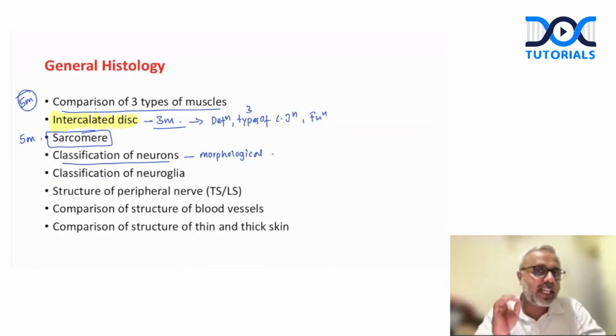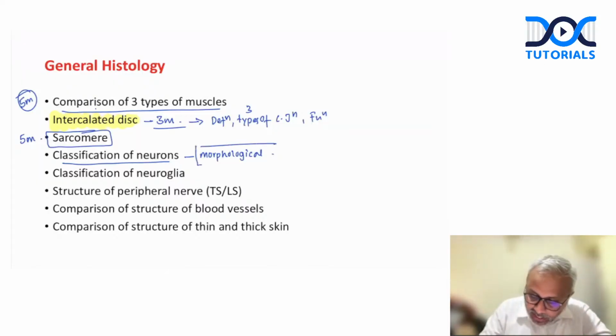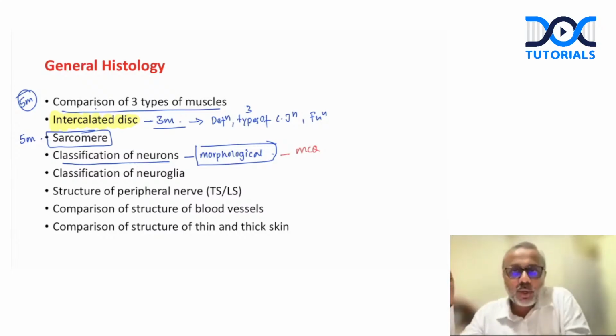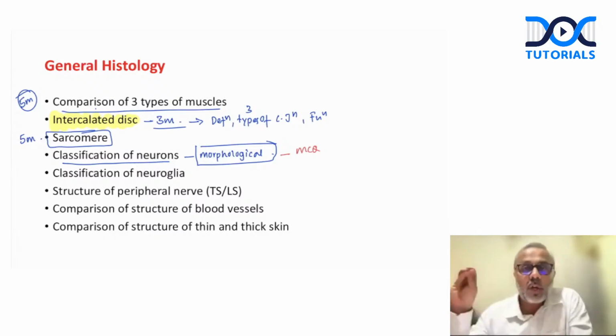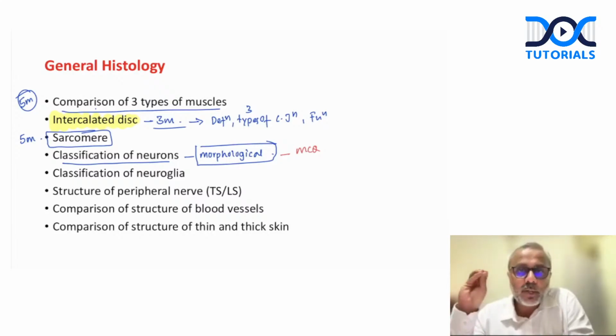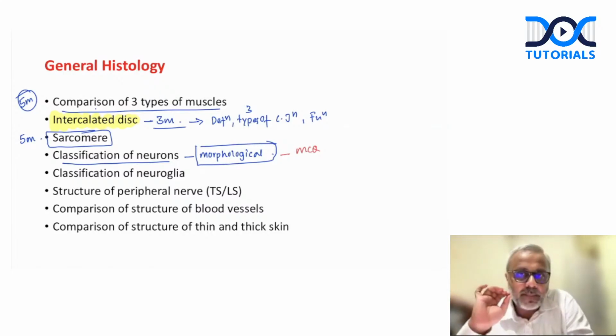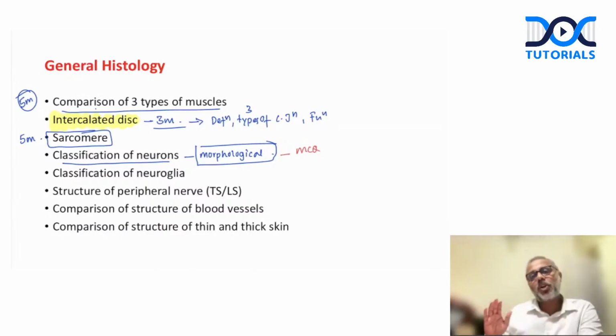Example for each type. And this again is a very important topic for MCQ. In which of the following locations bipolar neurons are found? In which of the following locations pseudo-unipolar neurons are found? This is how questions will be framed. Am I clear? Right? So classification of neurons with examples, an absolute must.